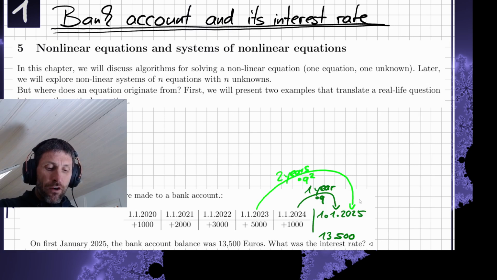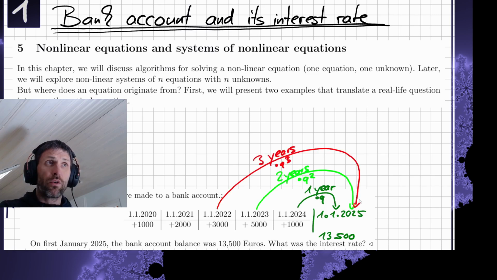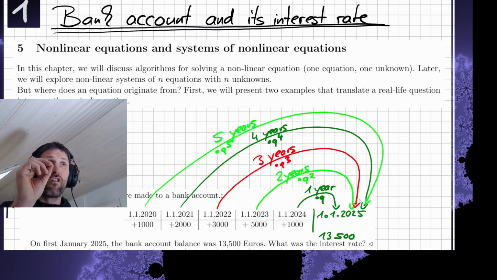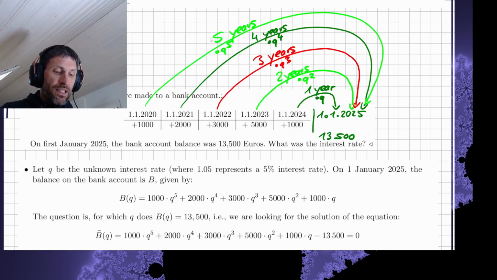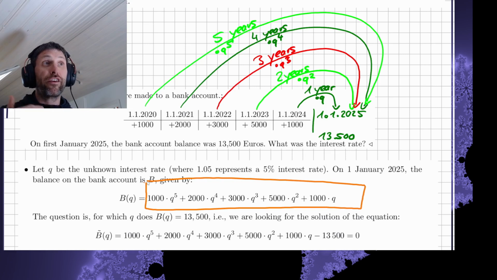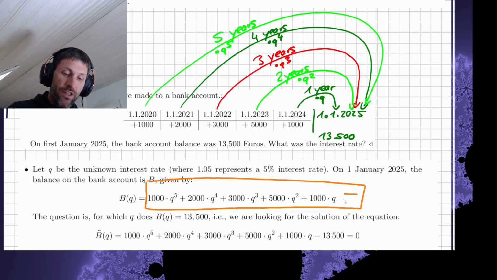Then we have the 5,000 euros, 2 years, so there's a factor q to the power of 2. We have 3 years, q to the power of 3, and so on. So we have these 5 parts. And that means we have this amount of money on our bank account if we would know q. But we do not know q.